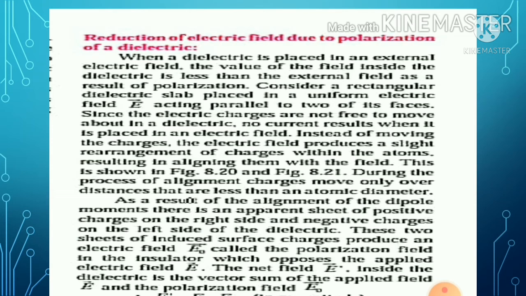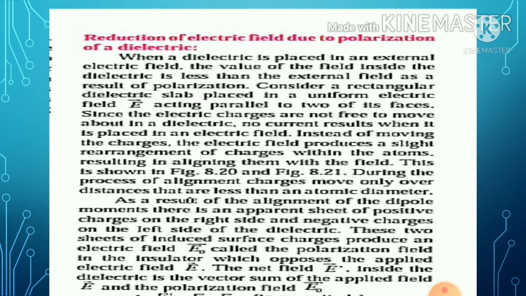As a result of the alignment of electric dipole moments, there is an apparent seat of positive charges on the right side and negative charges on the left side of the dielectric slab.